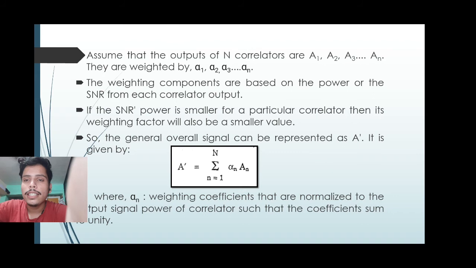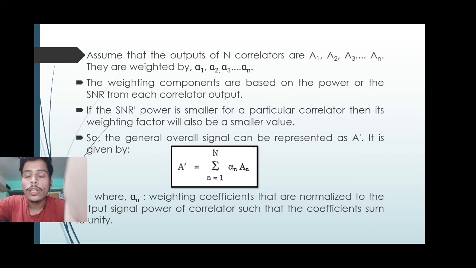Let us see the mathematical aspect of the rake receiver. Let us assume the outputs of n correlators are A1, A2, A3 up to An, and they are weighted by alpha 1, alpha 2, alpha 3 up to alpha n. The weighting components are based on the power or the SNR of each correlator output. If the SNR or power is smaller for a particular correlator, then its weighting factor will also be a smaller value.